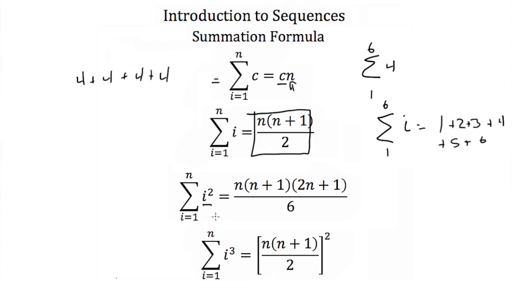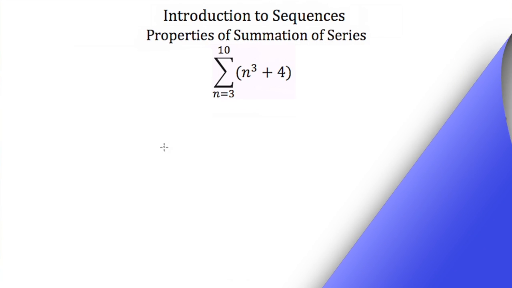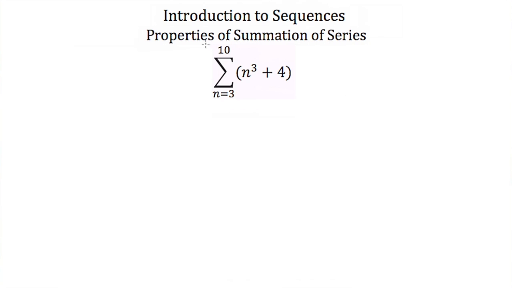Now, if I is being squared, you can use the formula n times n plus 1 times 2n plus 1 all over 6. And if I is being cubed, then it's just the same formula as the individual I, but then we square it. So we can use those formulas and our properties of summation series to easily find the summation of different sequences or series.